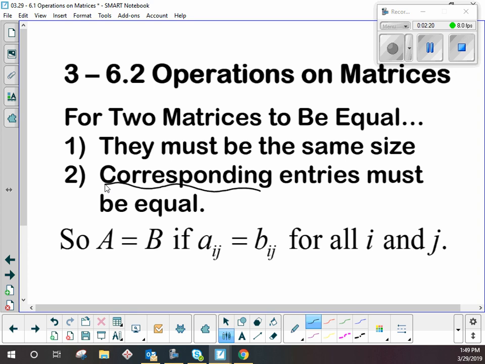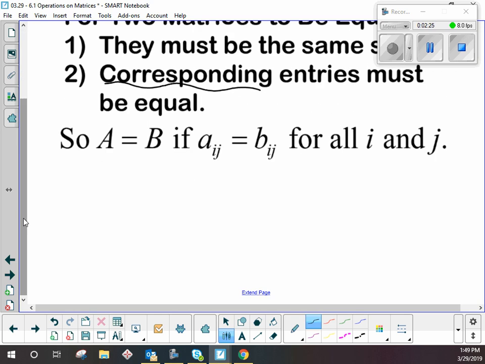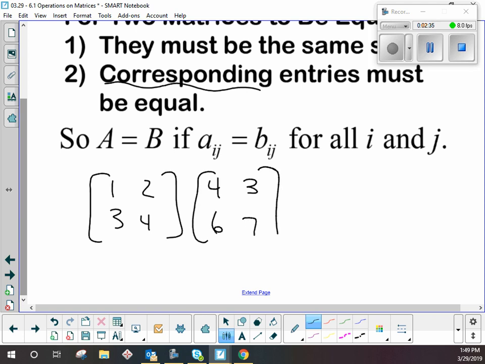So if you have two matrices, if I were to say, if I had these two matrices, in this second matrix, which number corresponds to 1 here? 4, okay. Which number in the first matrix corresponds to 6 here? 3, okay. And this is going to be a very important concept.